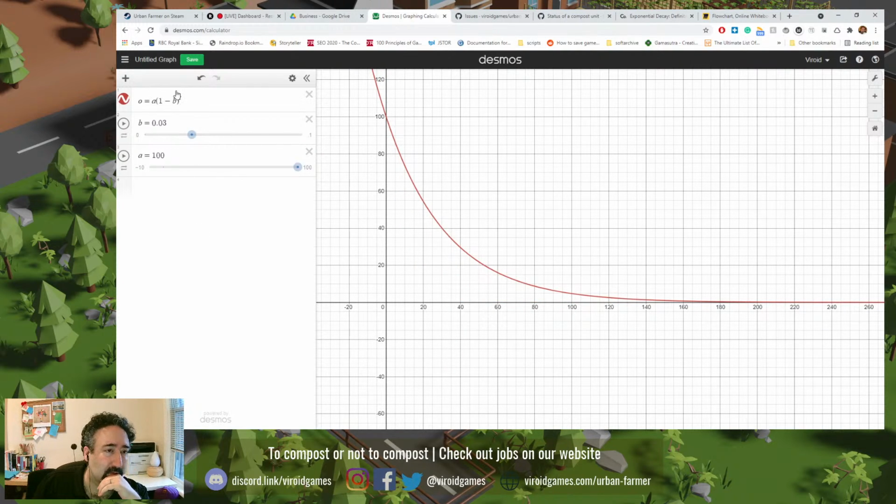So in the game, let me think. I'm actually making this depend on 2 factors instead of one.